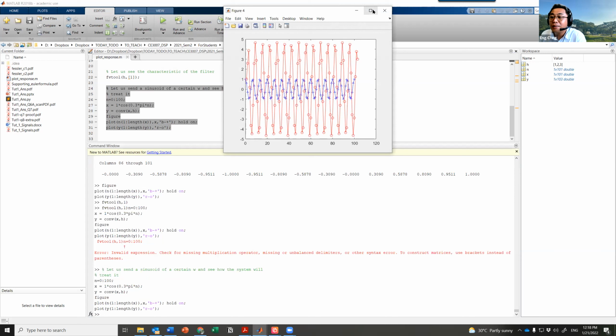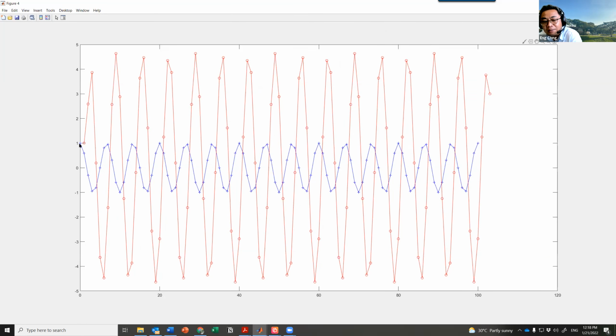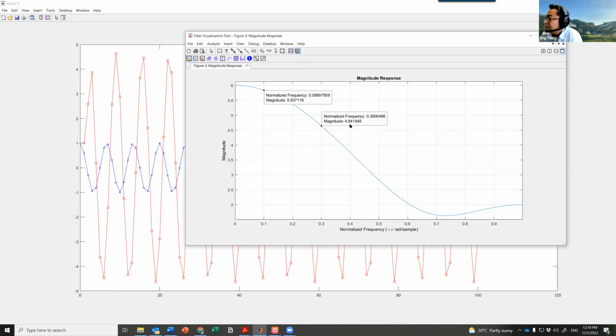All right. My blue one is my input, a sinusoid with amplitude 1. My output is here approximately. The reason it looks so bad is because it's not smooth. Approximately 4.6. And let's look at the MATLAB again, 4.6.